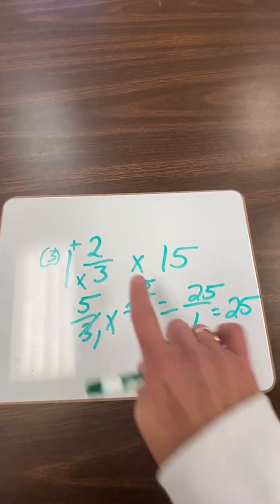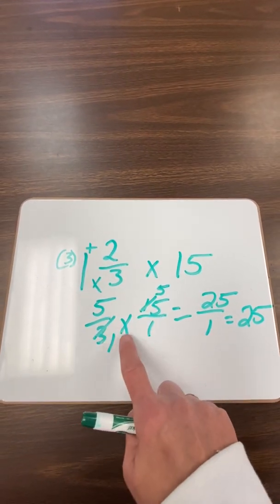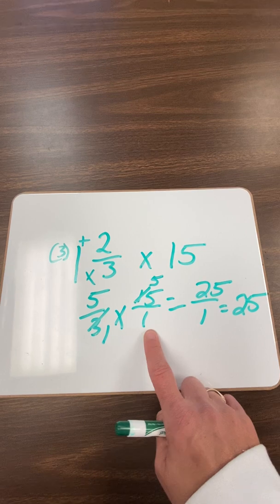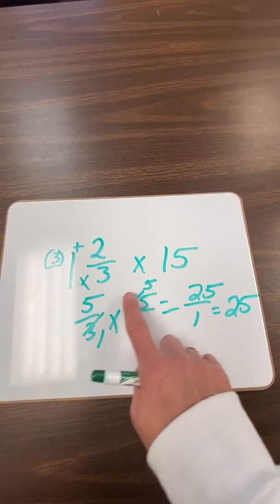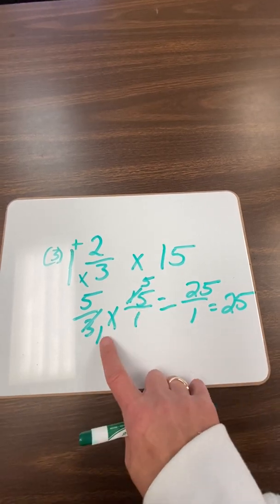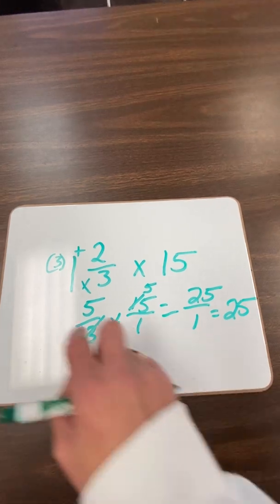Okay, let's review. 3 times 1 is 3 plus 2 is 5, so 5/3 over 15 over 1. 3 goes into 3 one time, 3 goes into 15 5 times. 5 times 5 is 25, 1 times 1 is 1. 1 goes into 25 25 times.